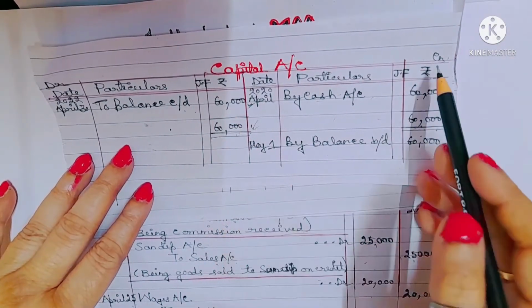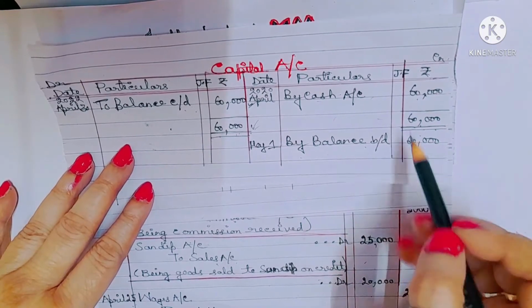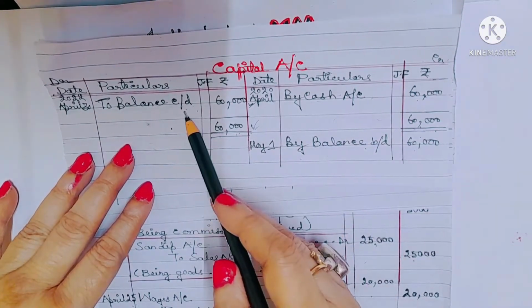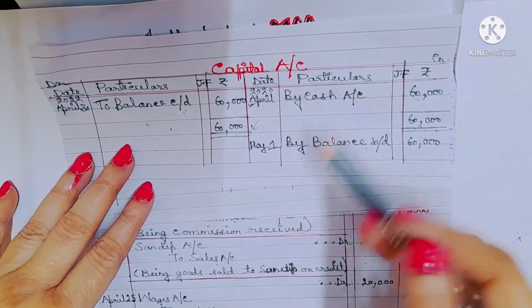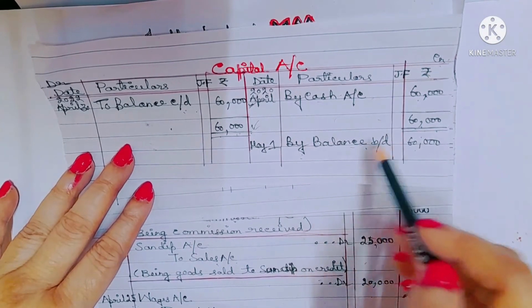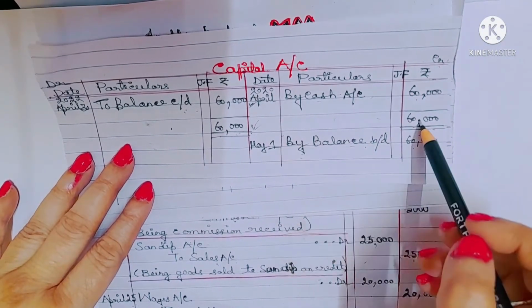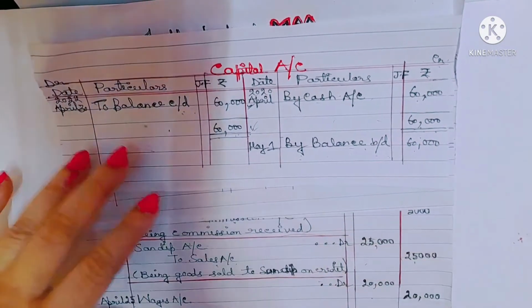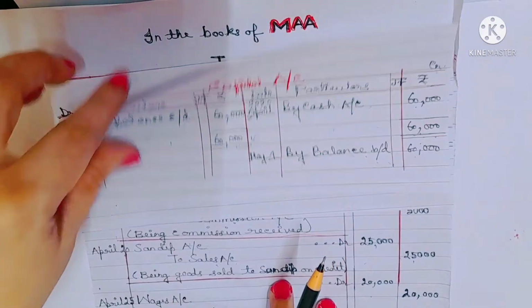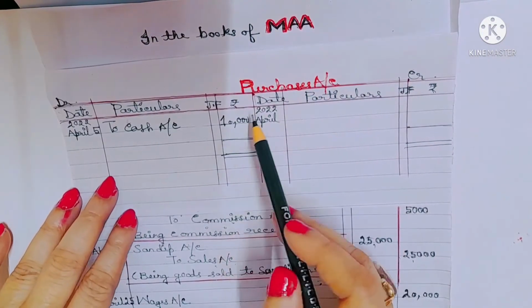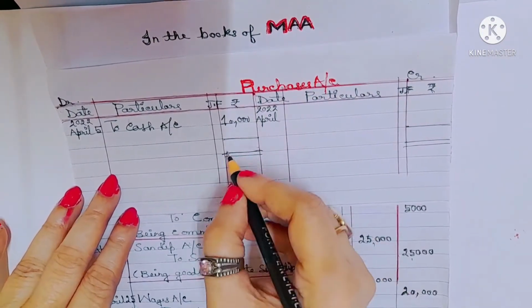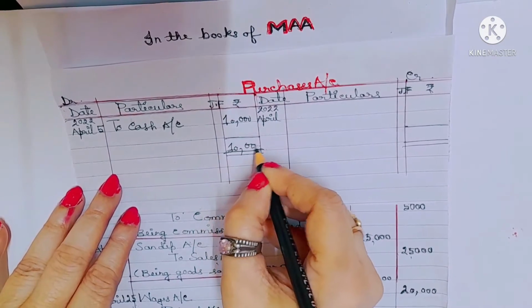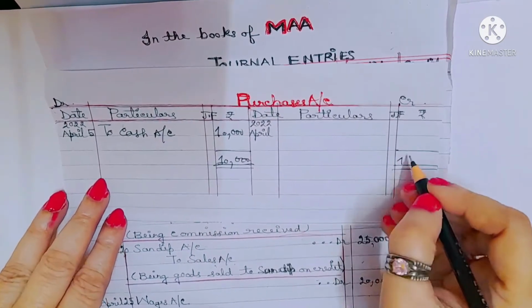Capital account, credit side by balance BD, and credit side is greater than debit side, that means it's a credit balance. আর আরেকটা ওয়ে কি, by balance BD কার আন্ডারে আছে? Beneath the total, it's under credit, so capital account is a credit balance, always remember. I forgot to tell you.